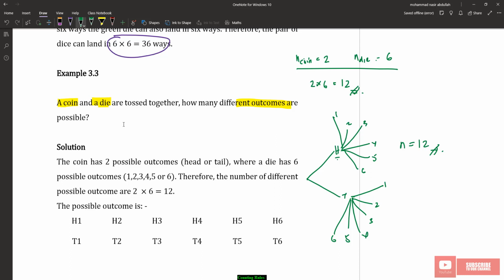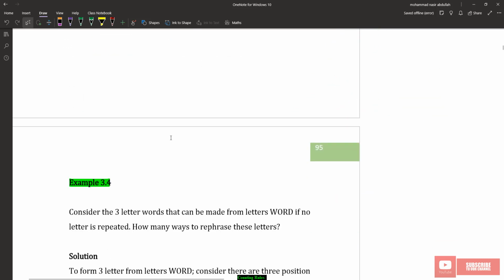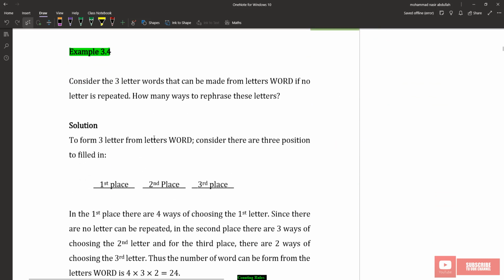But by using theorem number 1 or theorem number 2, you should get the answer very fast compared to illustration or manual calculation. So now let's look at example number 3.4. In example number 3.4, it's a bit complicated.